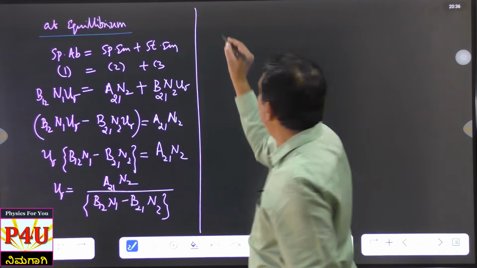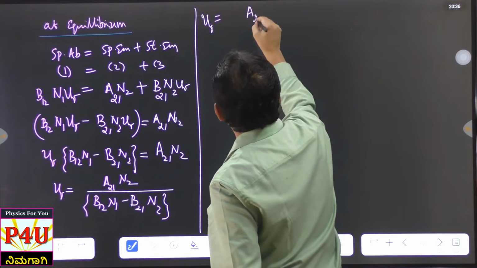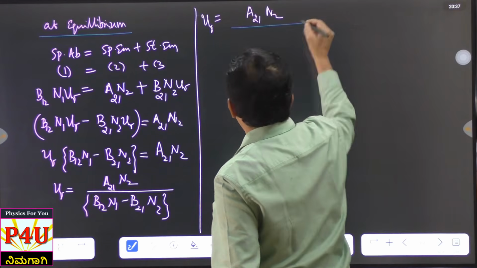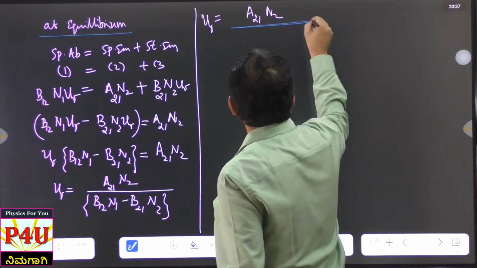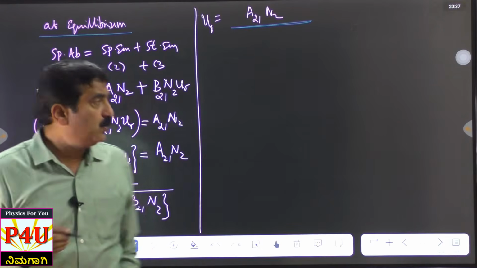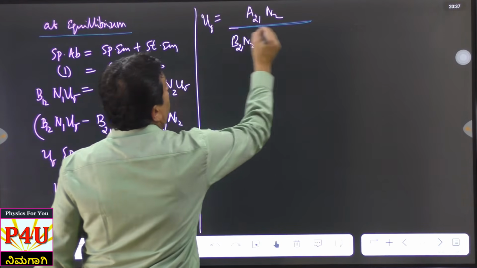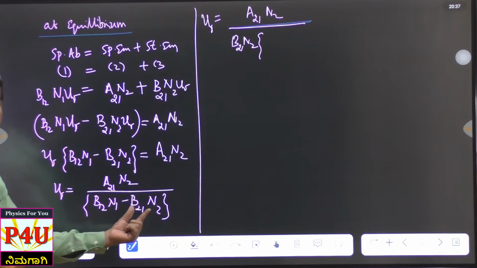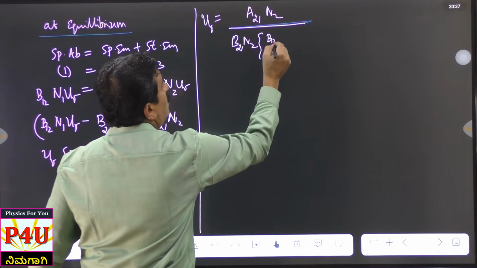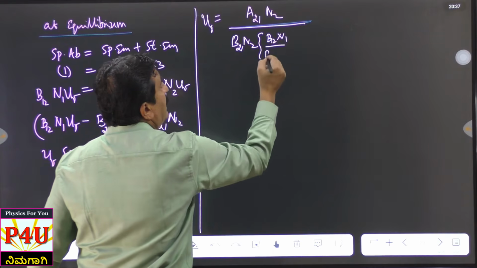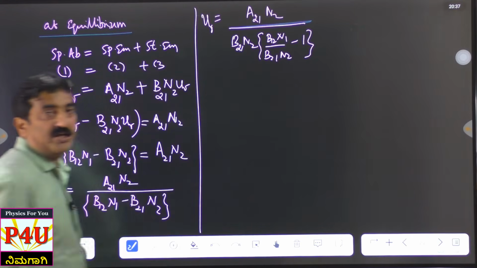So next, I write u gamma is equal to A21 n2 divided by, in the denominator I take B21 n2 as a common factor, this whole thing, then this becomes B12 n1 divided by B21 n2 minus 1. Please check carefully.